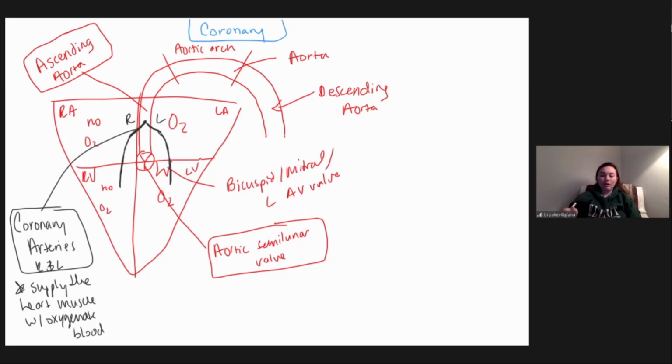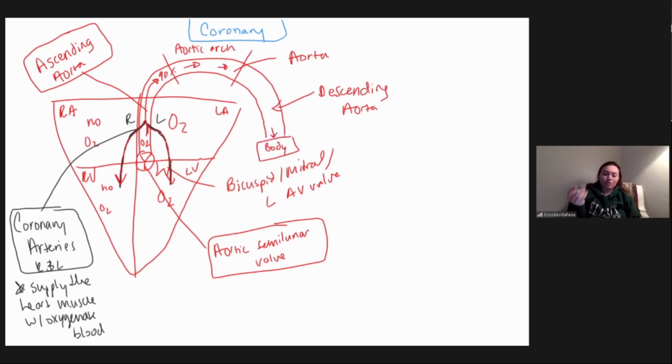Because we know that our left ventricle pumped blood with oxygen here. And then what this drawing is showing you is that as the blood is flowing up, some of it gets diverted and goes off and supplies the heart. The rest of it, let's say 90%, continues on and goes out to the body.